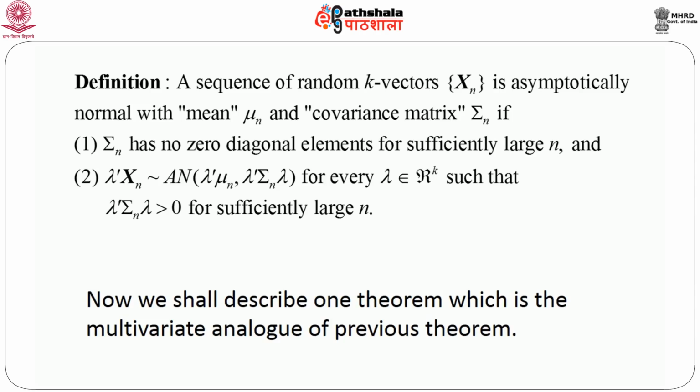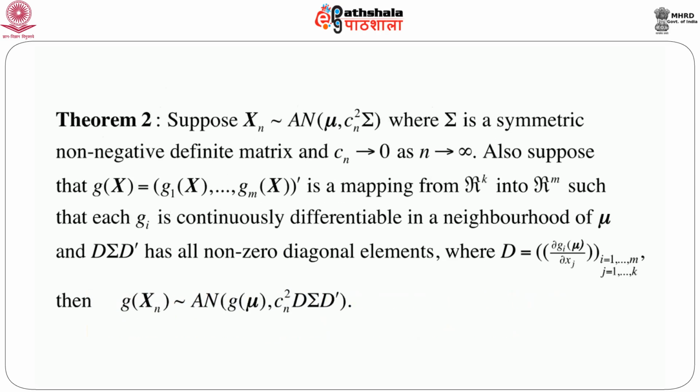Now, we shall describe one theorem which is nothing but the multivariate analog of the previous theorem, that means the delta method. Suppose Xn, the sequence of random vectors, follows asymptotic normal with mean vector mu and dispersion matrix Cn square sigma, where capital sigma is a symmetric non-negative definite matrix and Cn goes to 0 as n goes to infinity. Suppose that g(x) equals (g1(x), g2(x), up to gm(x)) prime.